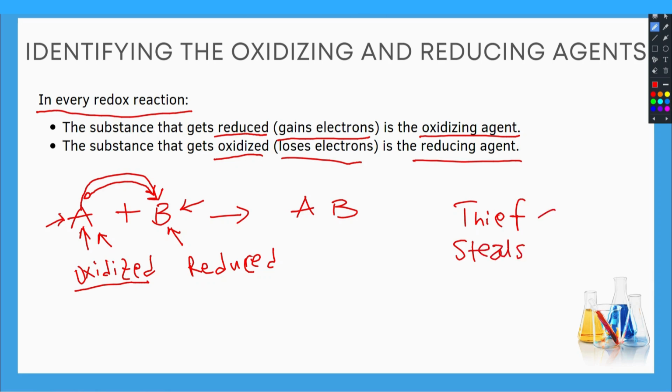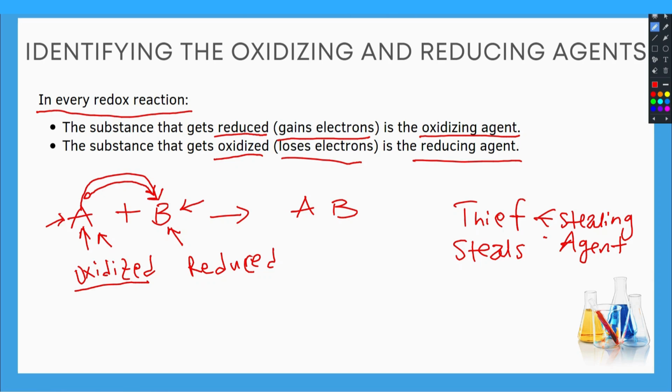We can call that thief a stealing agent, right? Why? Because he is the one that made that person lose his goods. It is not the thief that lost his goods. The thief came to steal, but the person whose goods were stolen lost them to the thief. I don't know if you understand what I'm saying.